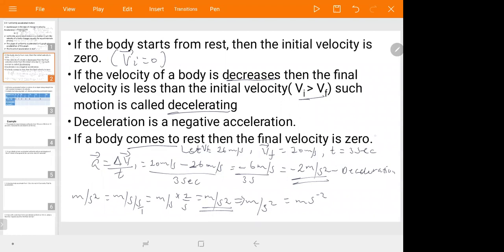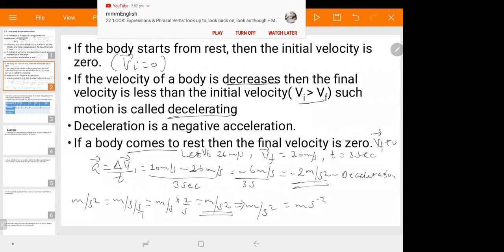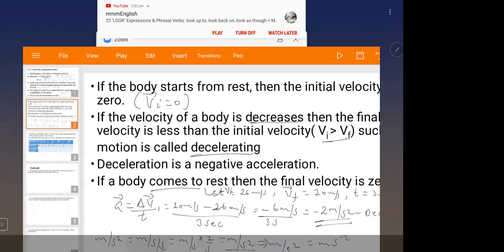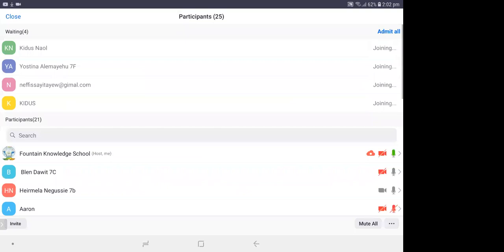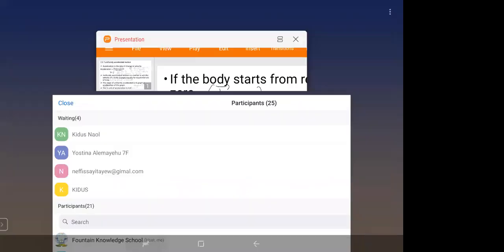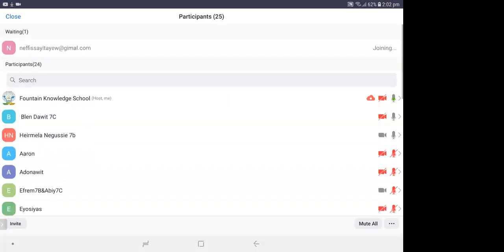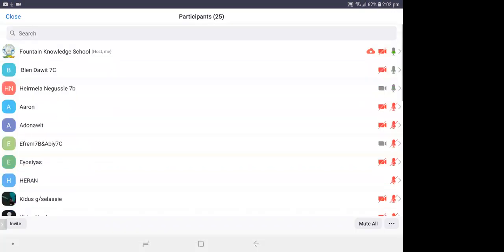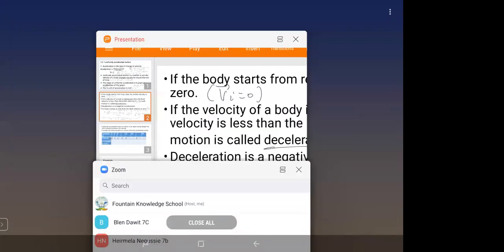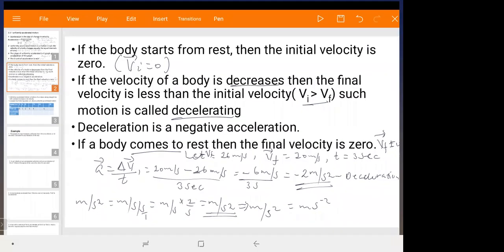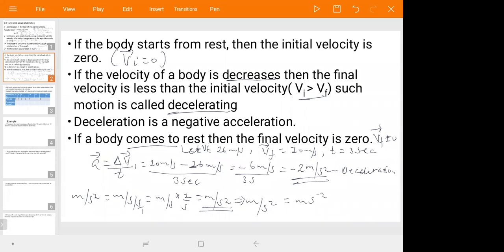That is the difference between them. You must know this. Final velocity is equal to 0 when a body comes to rest, and when a body starts its motion from rest, the initial velocity is equal to 0.